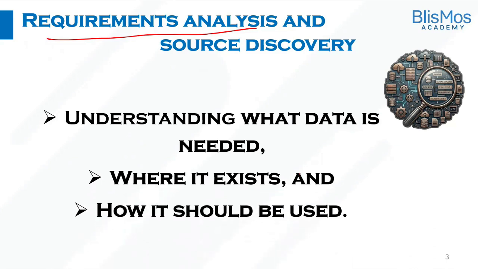Then we will try to understand how the data should be used. So, before building any single pipeline, data engineers or data architects have to spend considerable amount of time exploring the source systems and understanding the business requirements.